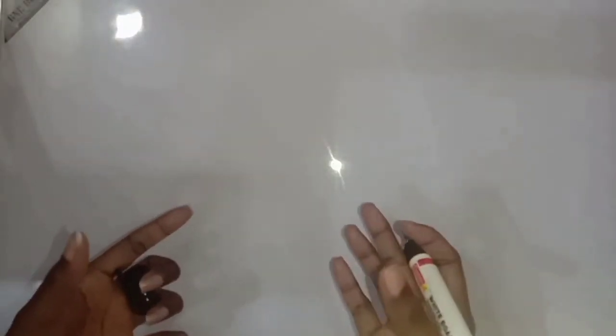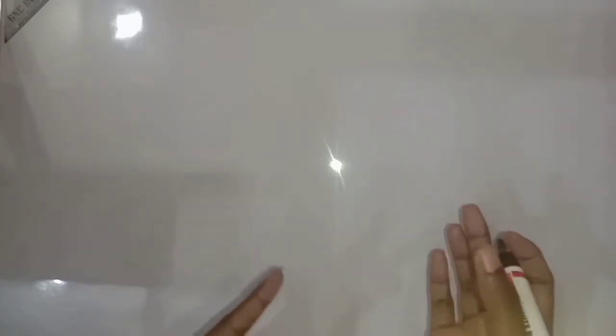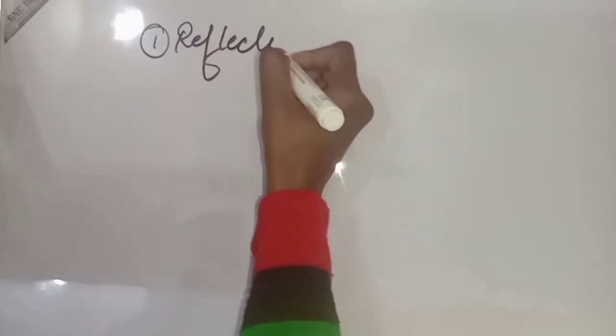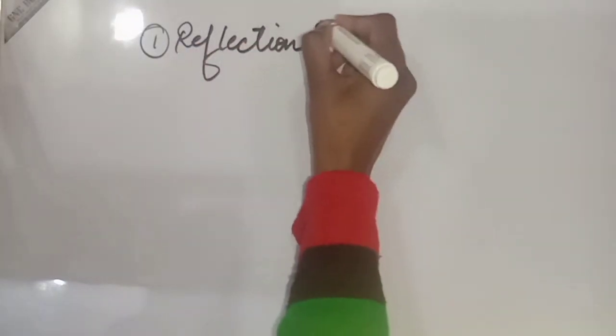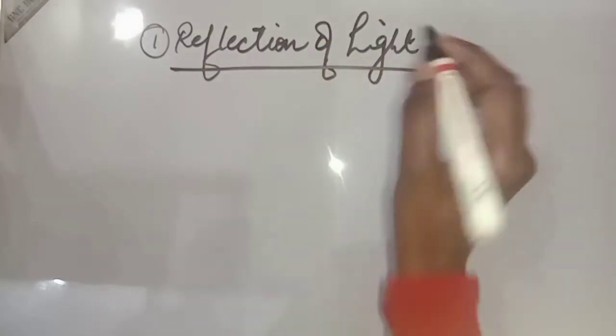The light exhibits various phenomena. The first phenomenon which we will cover here is reflection of light. Now, what is reflection of light?